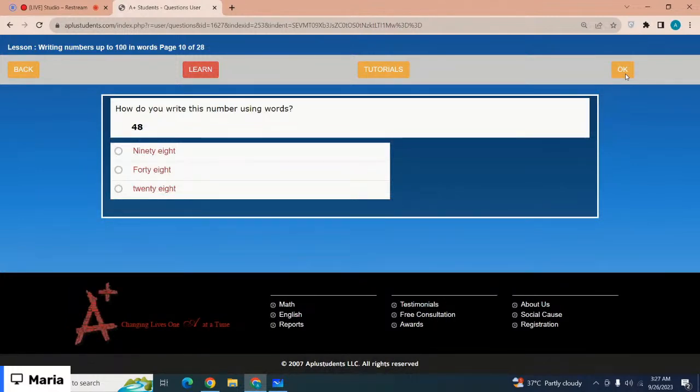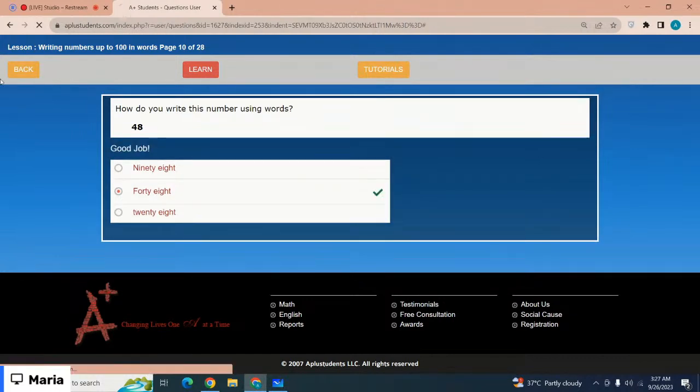Which is the correct option? That is 48, right? So the second one is the correct option.